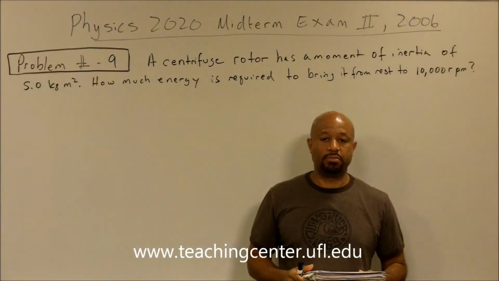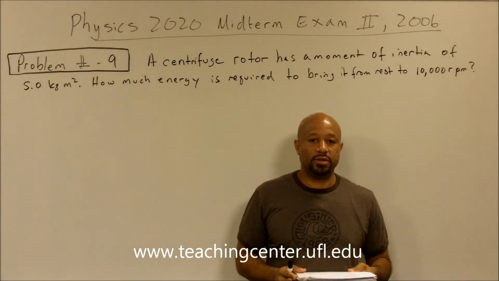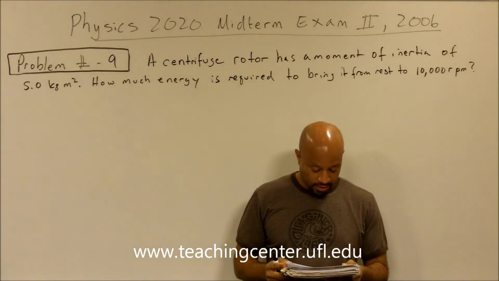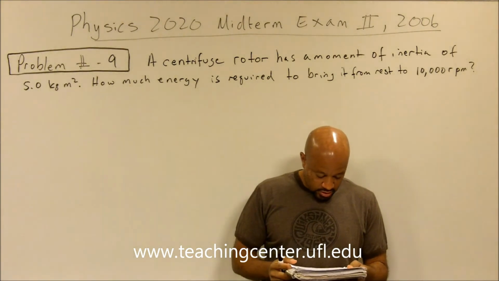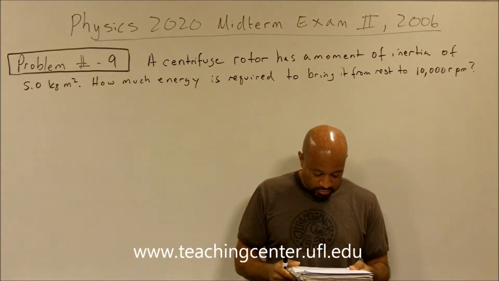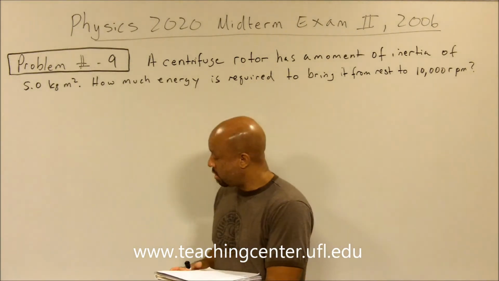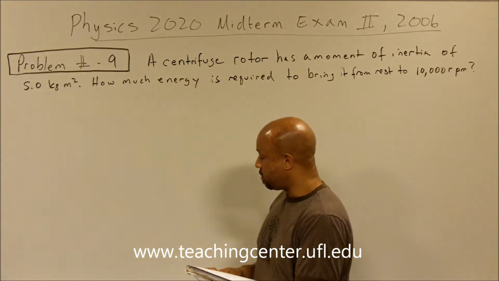Okay, so I'm going to work through problem number 9 for the Physics 2020 Midterm Exam 2, year 2006. This problem says a centrifuge rotor has a moment of inertia of 5 times 10 to the minus 3 kilograms meter squared.